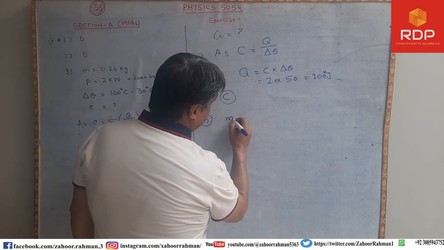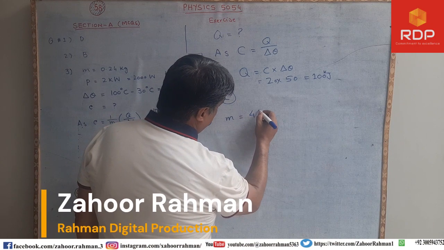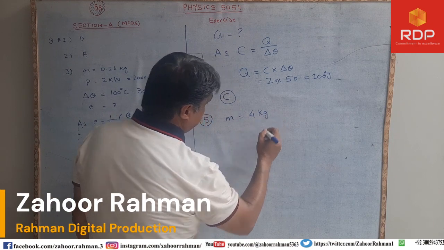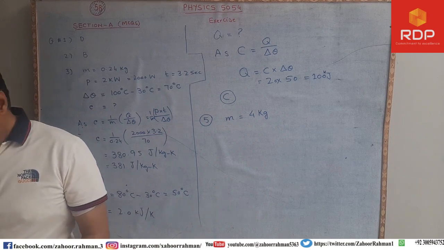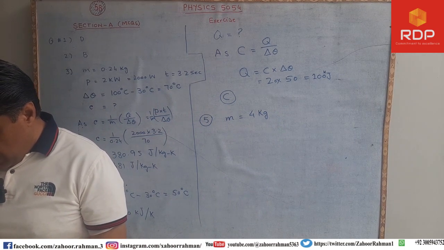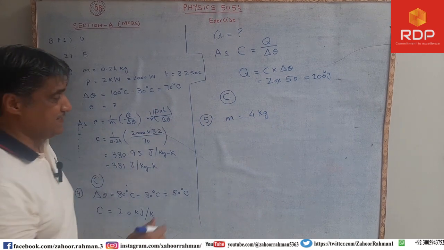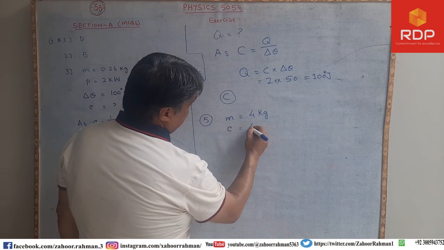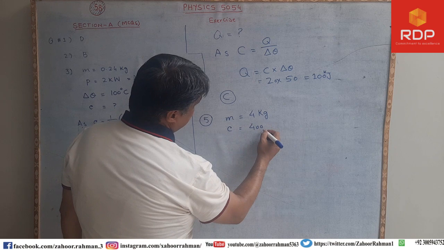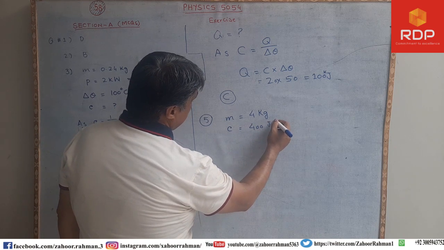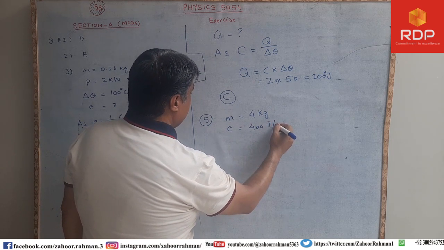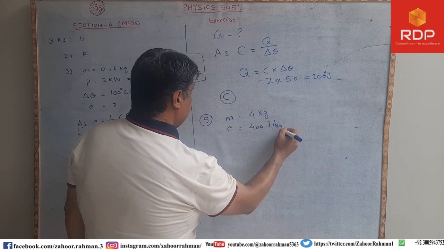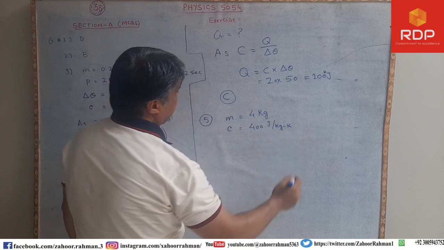So m is equal to 4 kilogram, of specific heat capacity c is 400 joule per kilogram per Kelvin.